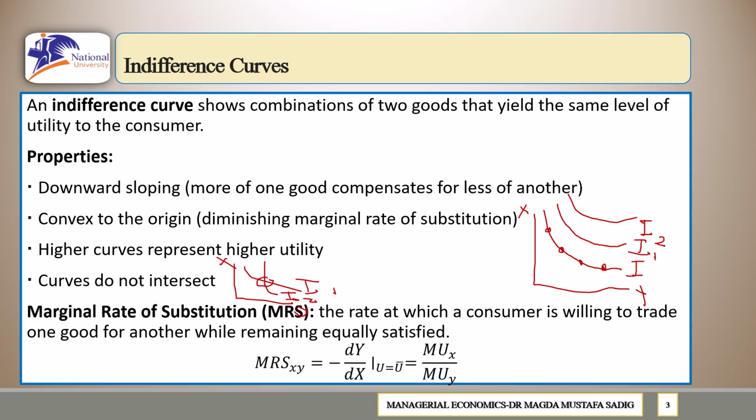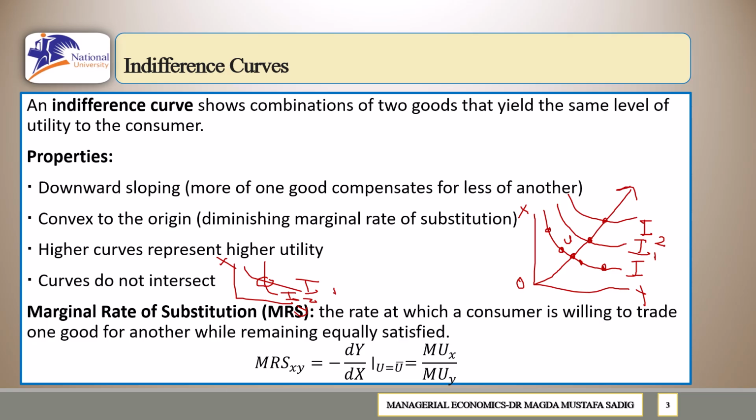The further away from the origin, the greater the consumer satisfaction. As the indifference curve goes away from the origin point, utility will increase.